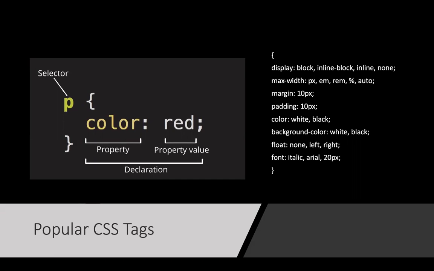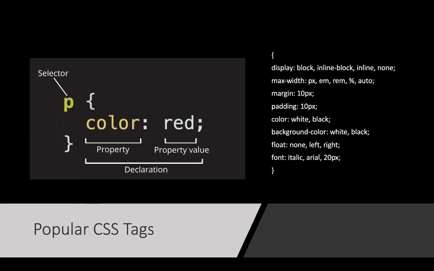The next ones are margin and padding, which also help size things. When we use color, it usually refers to the color of text, for example white or black or whatever colors.